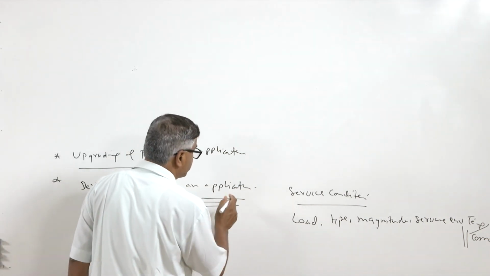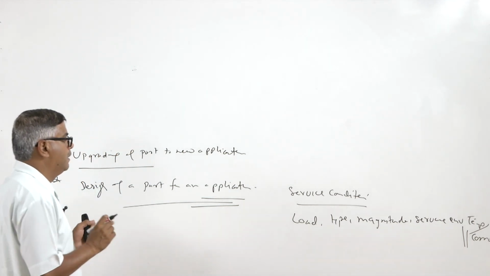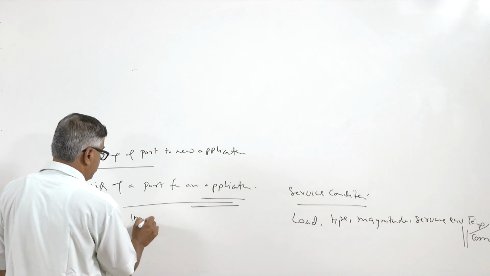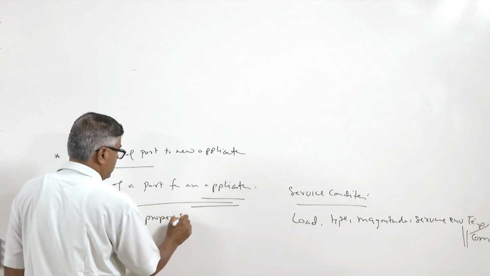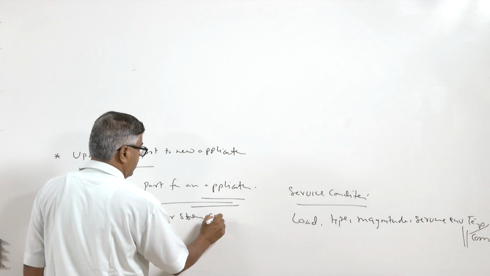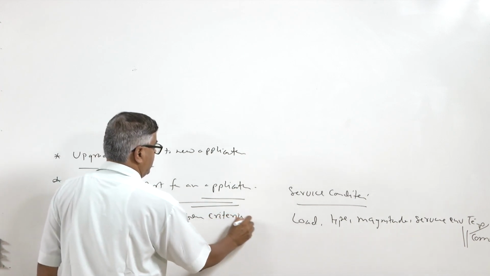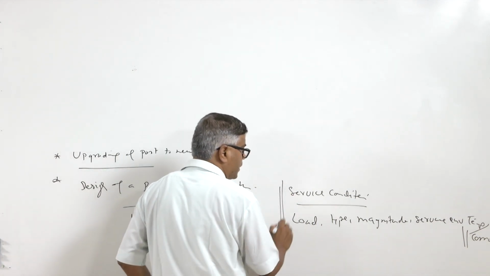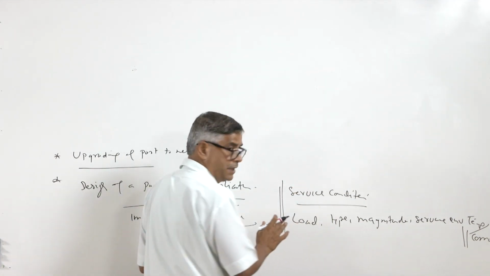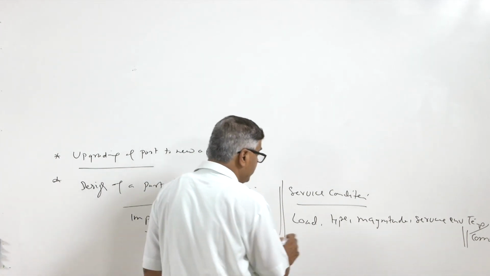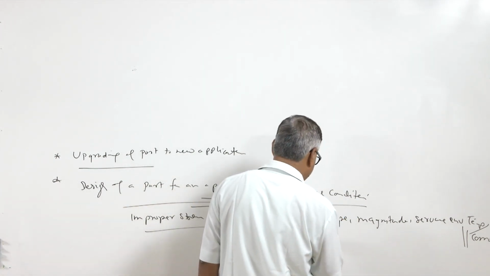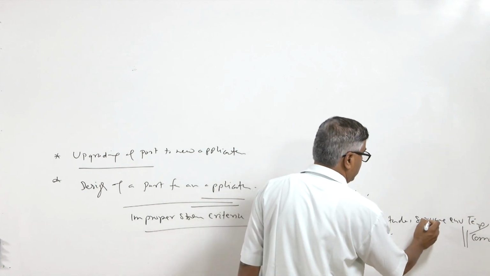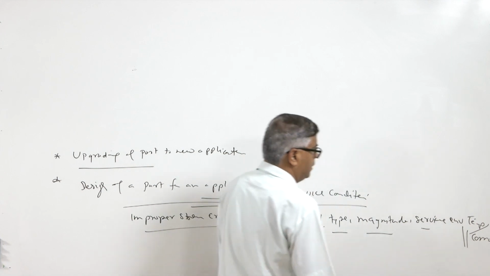But many times, due to the improper calculation of the stresses for the design purpose, if the design is based on the improper stress criteria, then it can lead to the failure. We try to find out the service conditions effectively, so that we are aware of the type of load, magnitude, and the service conditions.